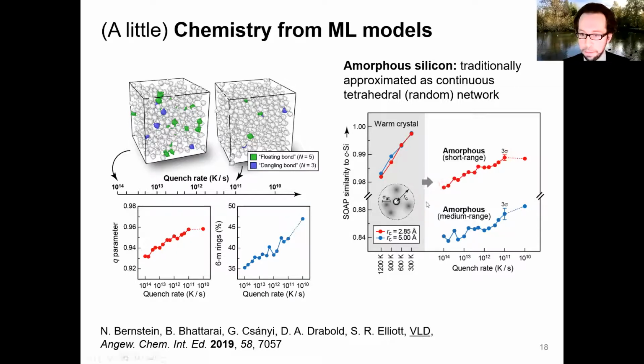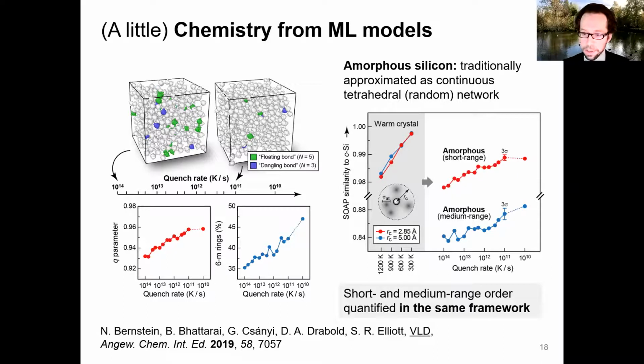And you see that I'm essentially recovering the information that my empirical indicators would have given me, but I'm getting everything in the same mathematical framework. And I can, of course, apply this approach to quantify similarity of amorphous phases with any crystalline form, whether that's diamond or not. So I think this is an interesting way of looking at amorphous structures.